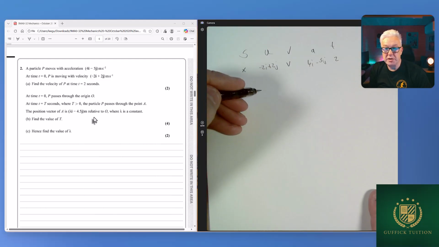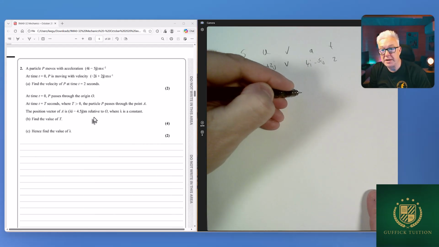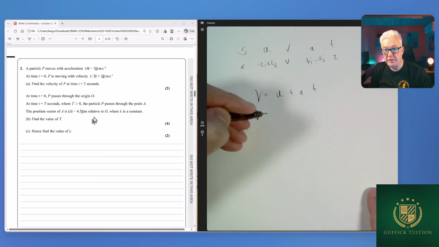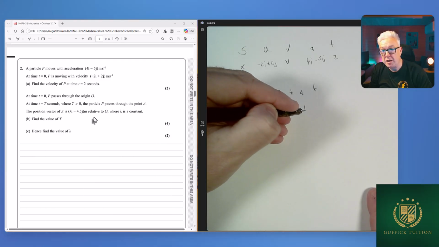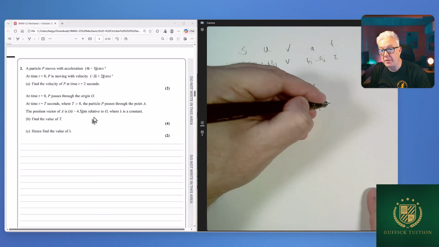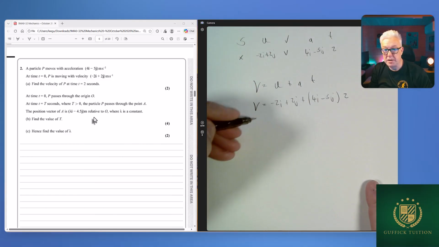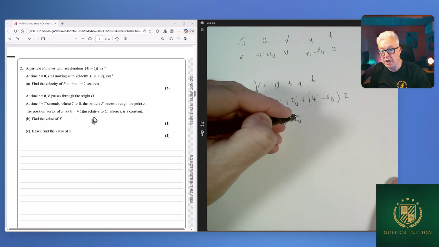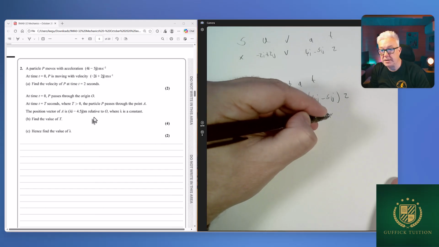So we can use the SUVAT equation that doesn't have s in, so v is equal to u plus at in this particular situation. So v that we're trying to find is going to be minus 2i plus 2j plus 4i minus 5j times by 2. So v is going to equal minus 2i plus 2j plus 8i minus 10j.